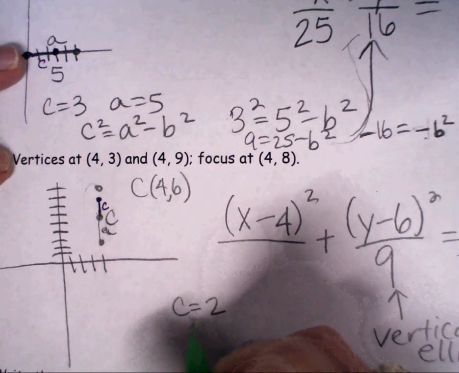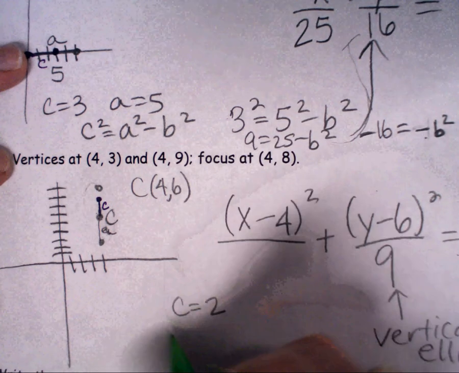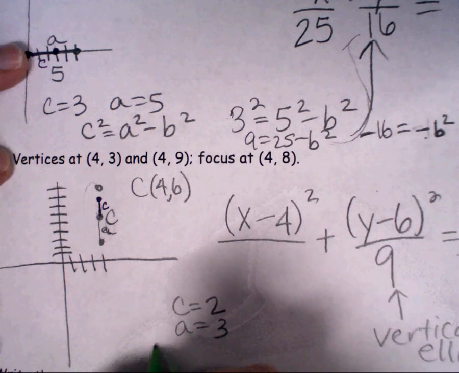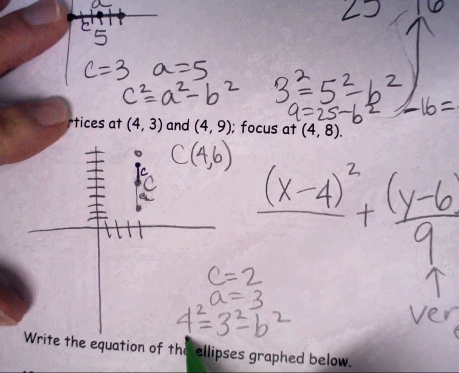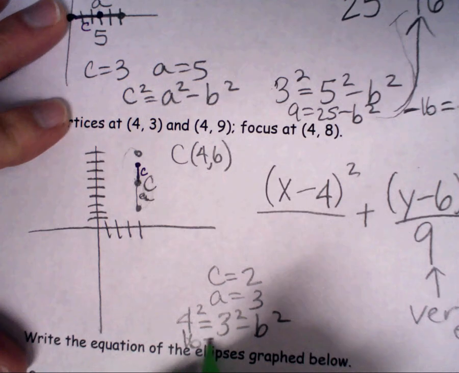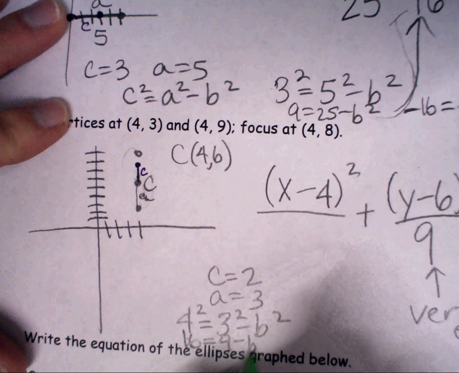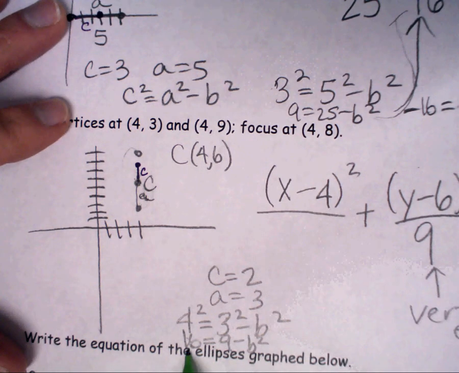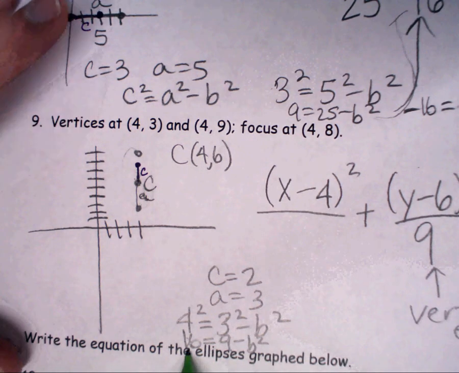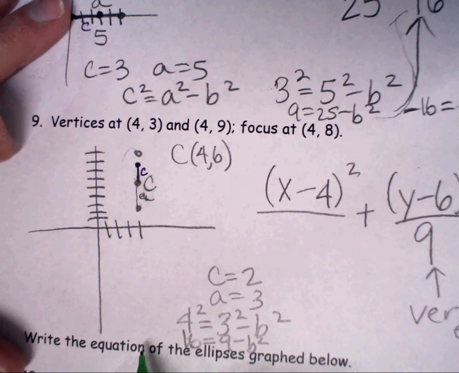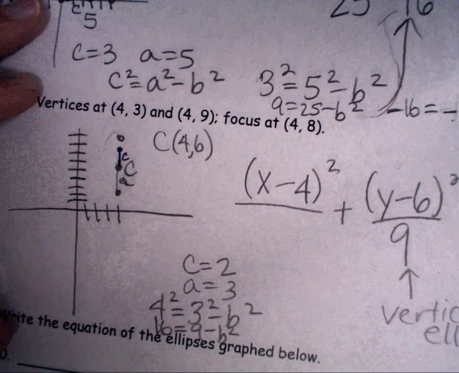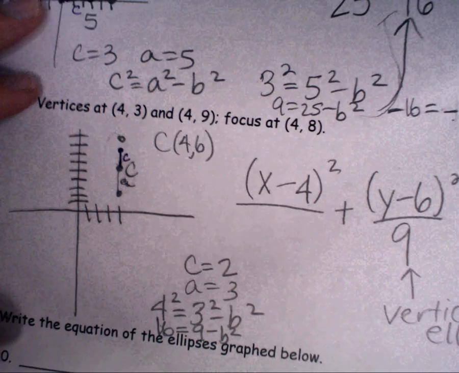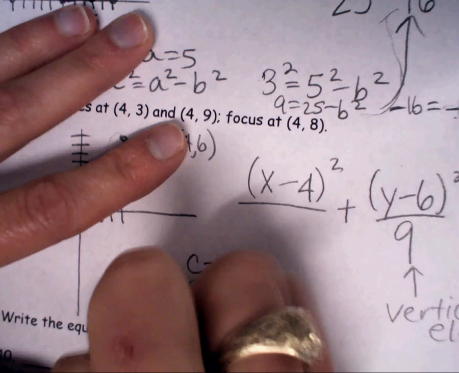So now, if I have c and I have a is 3, that'll be 4 equals 3 squared minus b squared. Whoa, I almost messed that one up. 2 squared is 4.